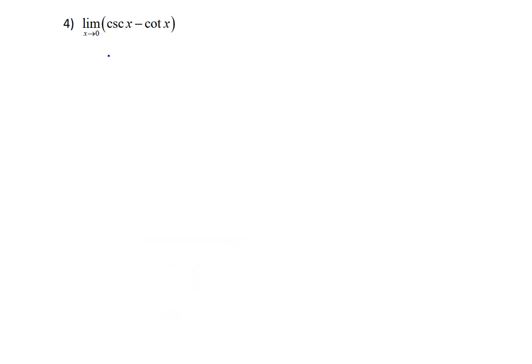This one is the limit as x approaches 0 of the quantity in parentheses: the cosecant of x minus the cotangent of x. Now if you try a direct substitution on this by just plugging in 0, cosecant of 0, remember cosecant is 1 over sine, so sine of 0 is 0, which means we have 1 over 0 for cosecant of 0, minus cotangent of 0 would be the same thing, that'd be 1 over 0, cotangent is cosine over sine.